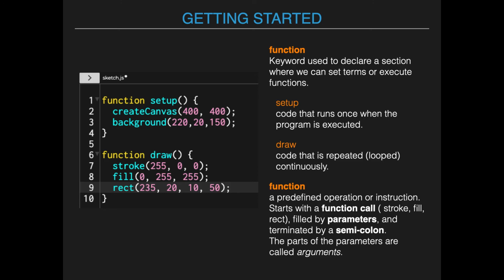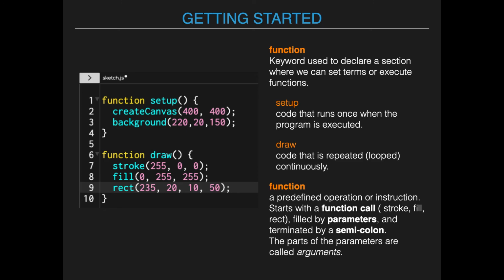These different functions, like on 7, 8, 9, are all going to start out the same way. It's going to have a call word, the function name or operation name, like stroke. It's always going to have a starting parenthesis and an end parenthesis, and then that semicolon. The semicolon is optional nowadays, but it's good to still keep up with it. Everything inside the parentheses is predefined, meaning it's based on that particular operation.